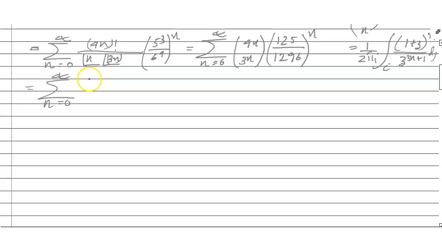So it can be written as (4n choose n), 1 by 2 pi i, integral over C of (1 plus z) whole to the power 4n divided by 125 whole to the power n in z to the power 3n plus 1, dz.